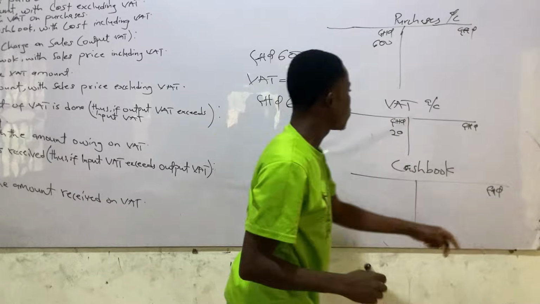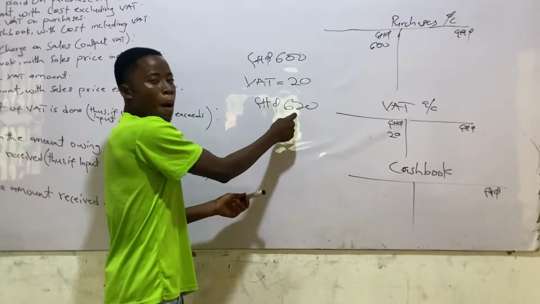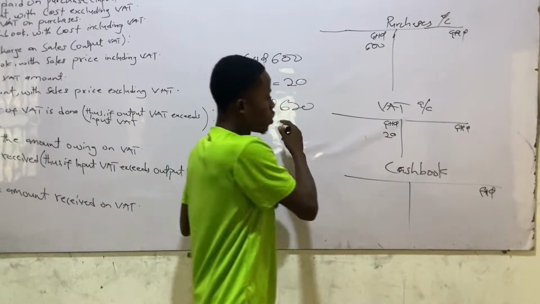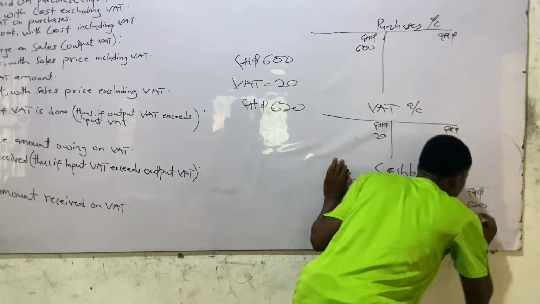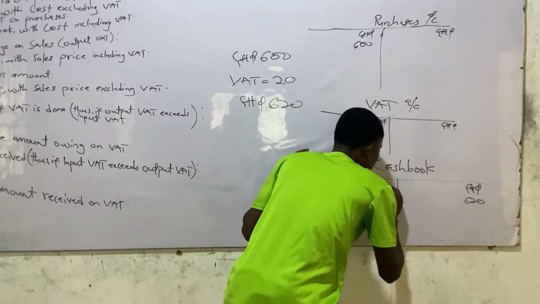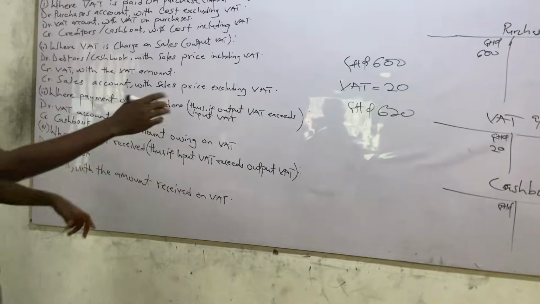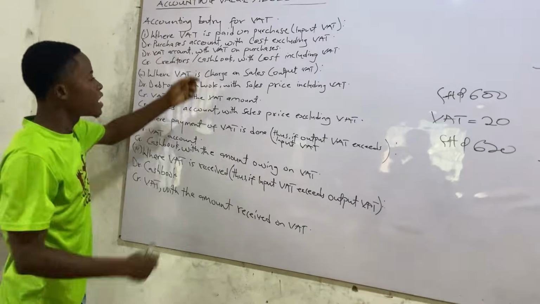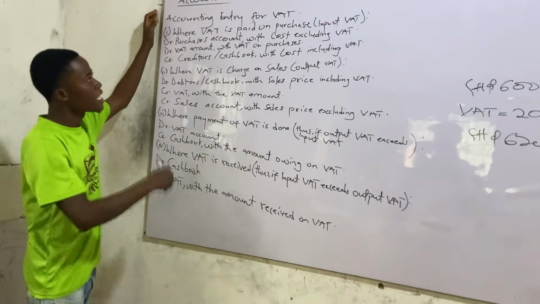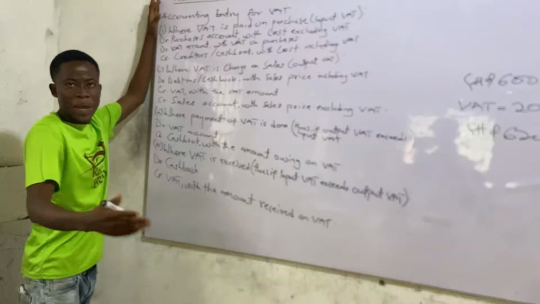We credit the cash book with the total amount of the goods. So we have our 620 at the credit side of the cash book. So this is how we enter the entries in the account when there is a purchase made.